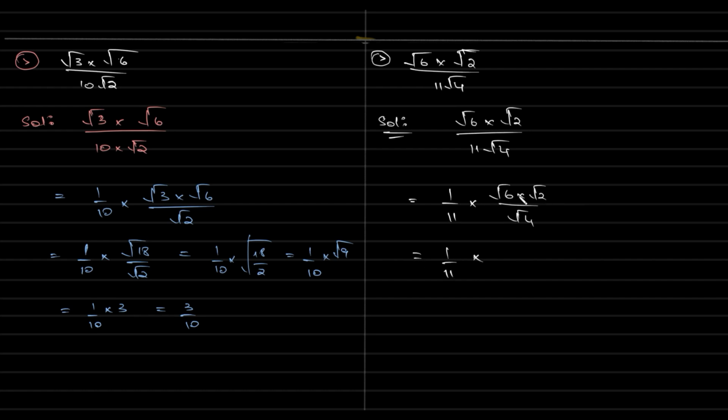Since both have the same power, I can multiply the bases and I'll get 12 divided by 4. Again, since the numerator and denominator have the same power, I can divide, and in this case 4 threes are 12, is it not? So I'll get 1 by 11 into root of 3.